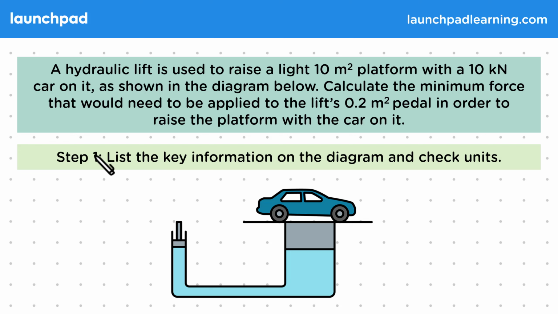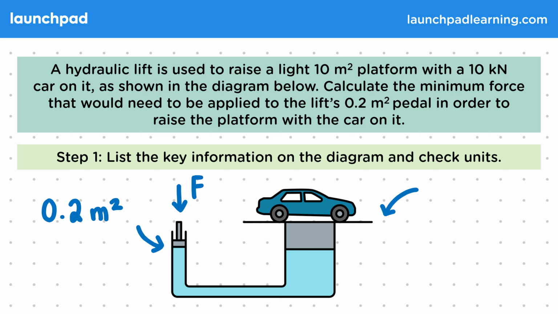So step 1 is to list the key information on the diagram and check the units, where we should use the diagram to make sure we understand what's happening in this problem. So we're told to find the force applied to the pedal, which has an area of 0.2 meters squared. These will be our input values.